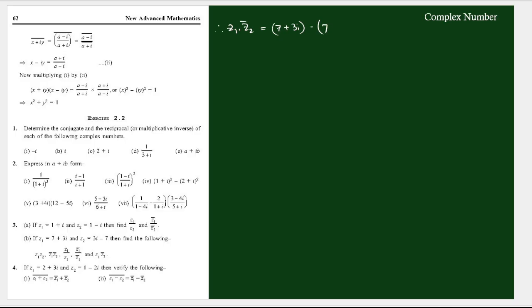Negative 7 plus 3i. Minus will be there, so 7 plus 3i, yes, so now minus 7 plus 3i whole square.